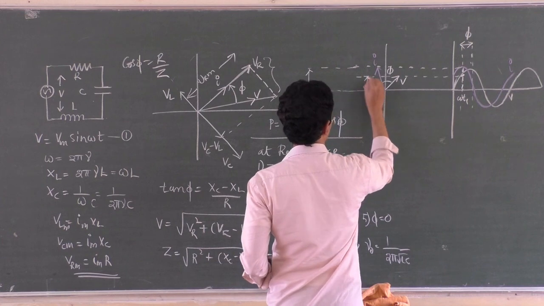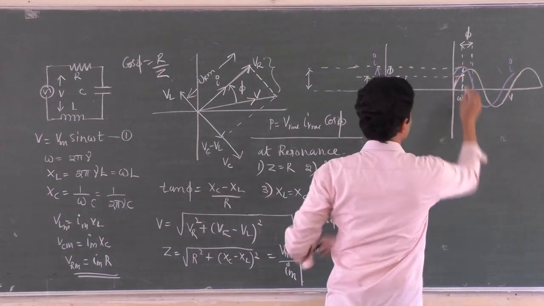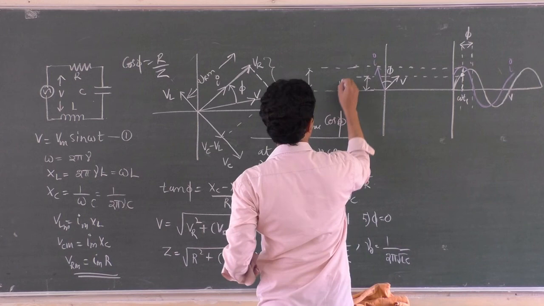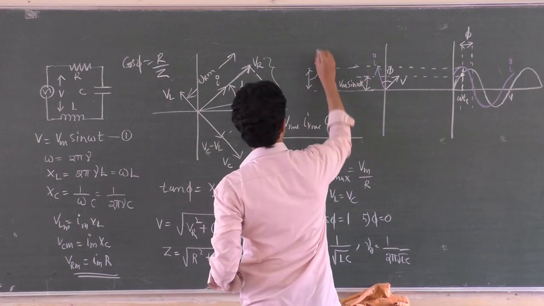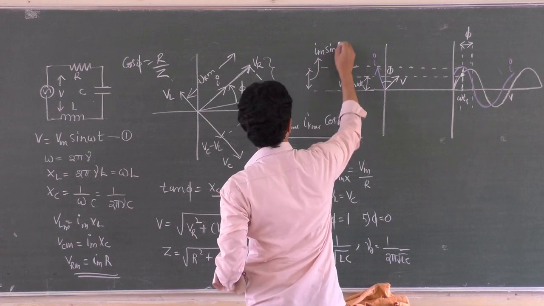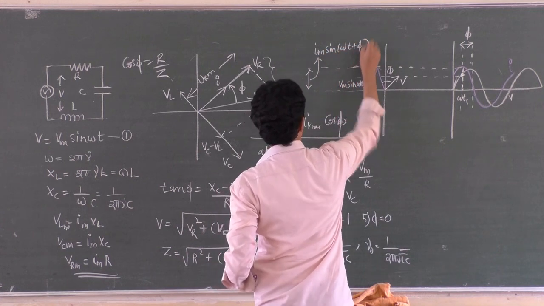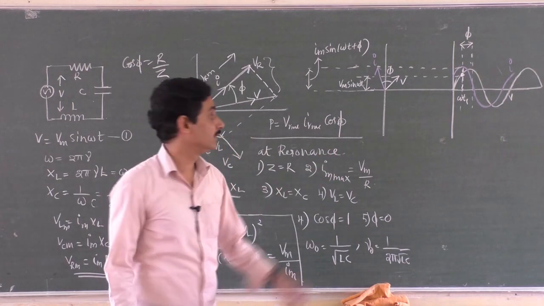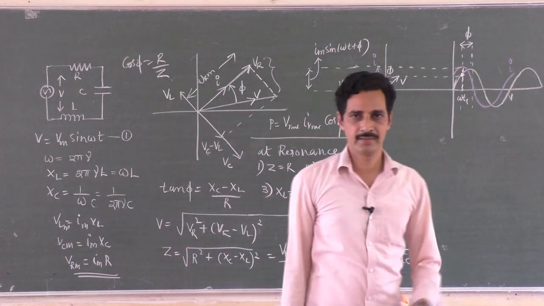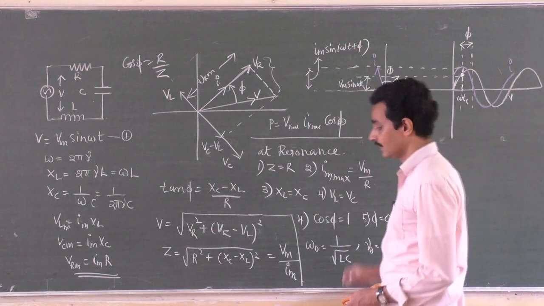This is Vm sin omega t, because this corresponds to voltage. What about this one? Im sin (omega t plus phi). Correct? So this is the way in which you show the phase difference between current and voltage. It is phi. Now the current is leading.